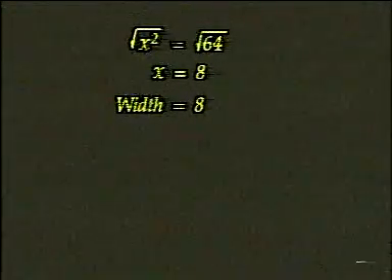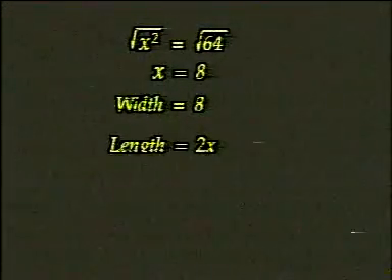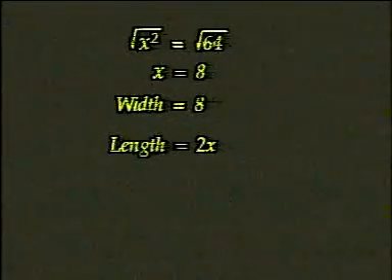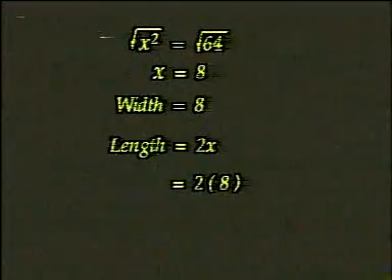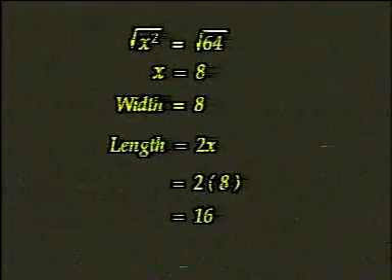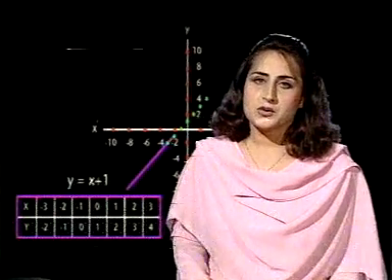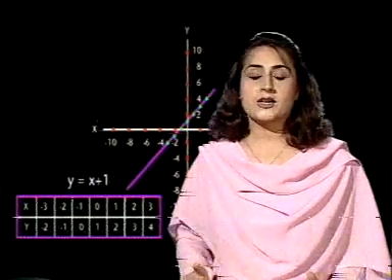This means width is 8. Then length will be 2 into x, that is 2 into 8, that is 16. This is why we have arranged such sort of activity for you, which will tell you how we can find the solution of an equation.